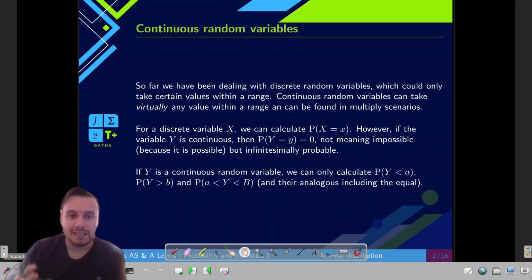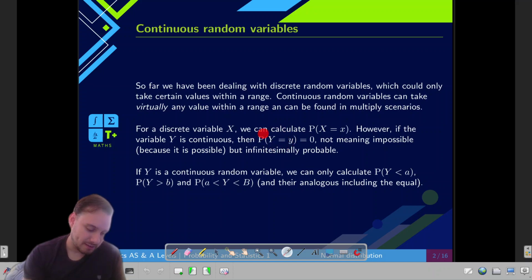So what is going to happen now with continuous variables? Well, with continuous variables, we are not going to calculate probabilities that are equal to a value. For example, in the bus stop example, I cannot calculate the probability that my bus arrives in exactly 8 minutes, because that probability is equal to 0.